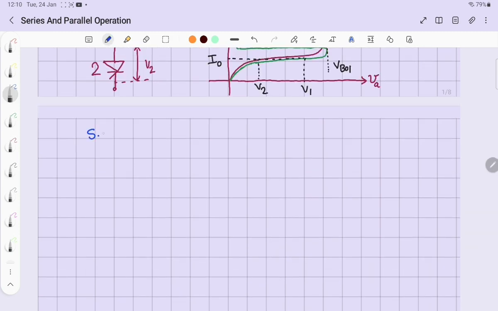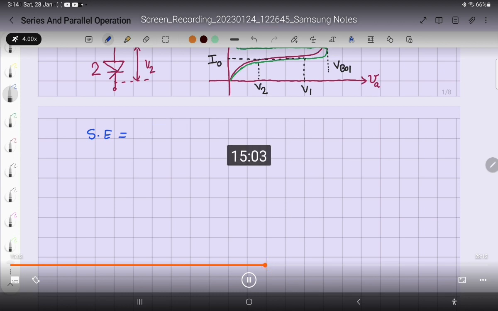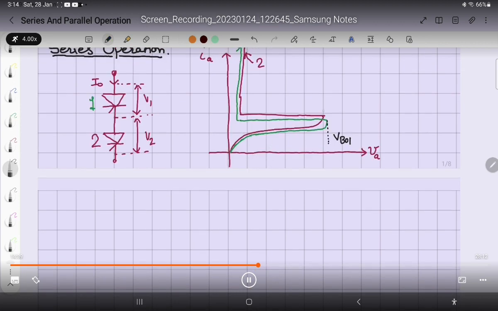Because you can see the characteristic of SCR.